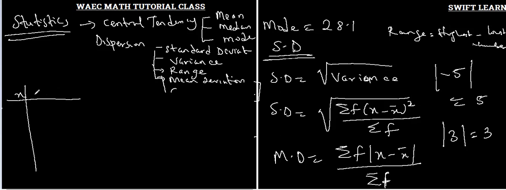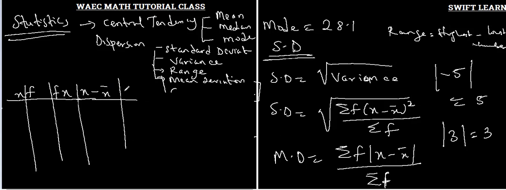We have x, then fx, and the mean of x is gotten from that. Then we do x minus x bar, then x minus x bar squared, then f bracket x minus x bar squared. See that my table was guided by what I have here. Do you get that now?